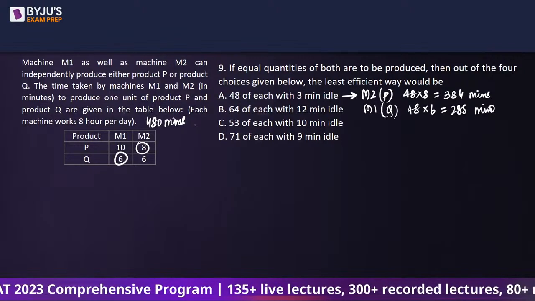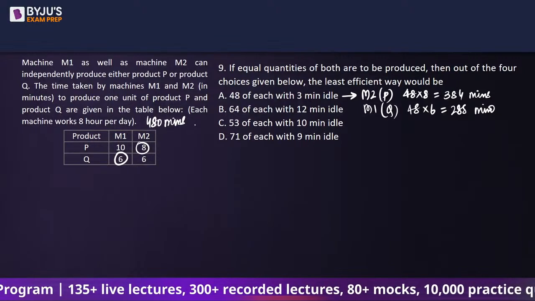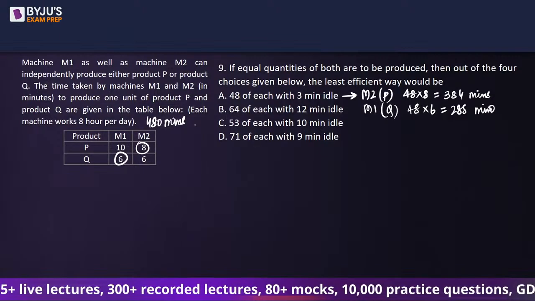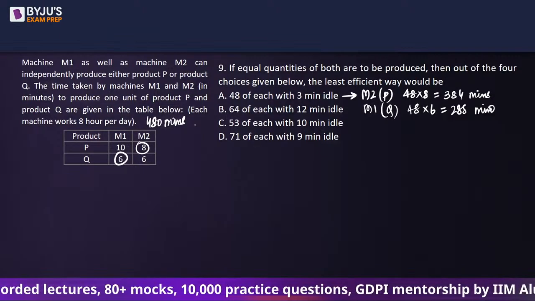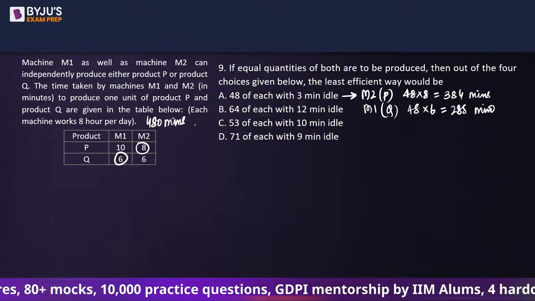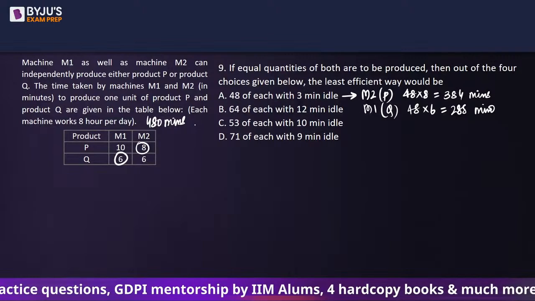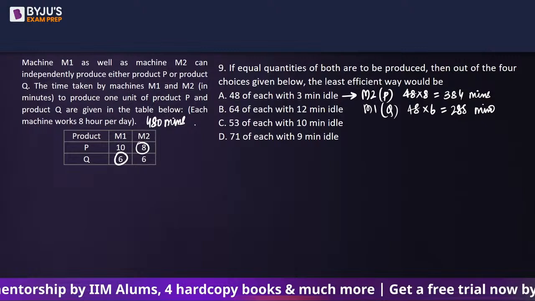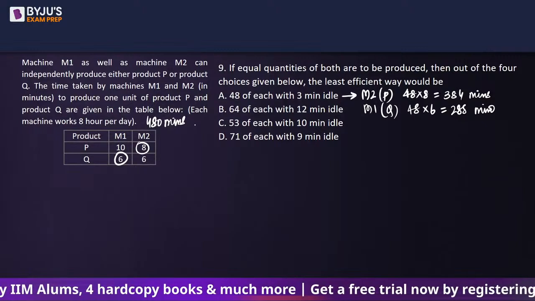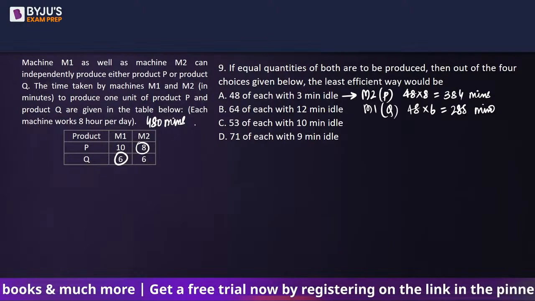Okay, let's try to understand this again. Okay, let's try again to understand this question. Since it says if equal quantities of both are to be produced, then out of the 4 choices given below, the least efficient way would be. The least efficient way from the options should be the one that gives least production with highest idle time.